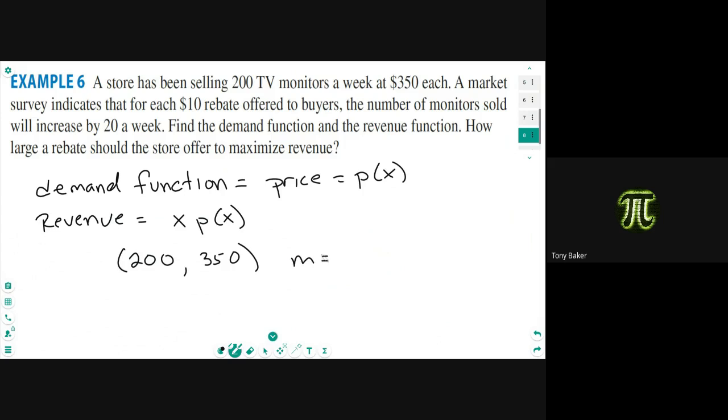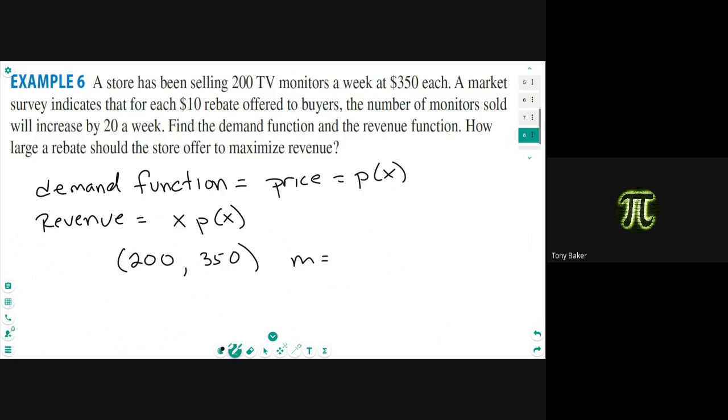Do we have a slope? Okay. Right, but the function's not based on... X is the number of TVs I've sold.